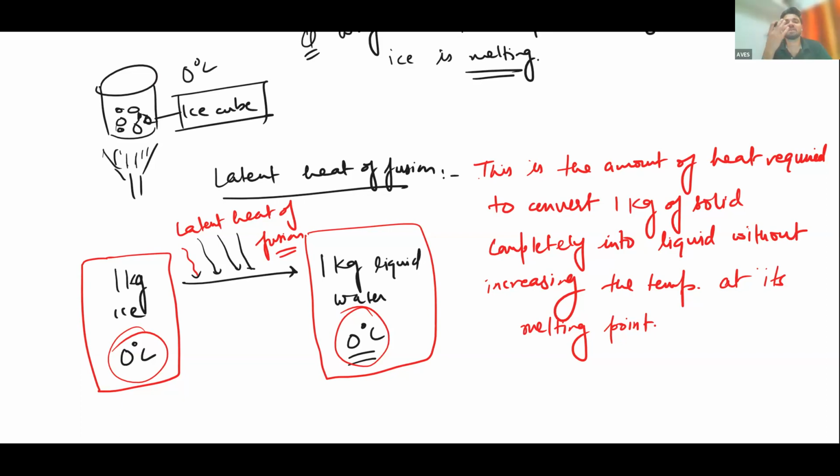What is latent heat? Hidden heat. So if I'm talking about fusion, it means this is the amount of heat required to convert 1 kg of solid completely into liquid without increasing the temperature.